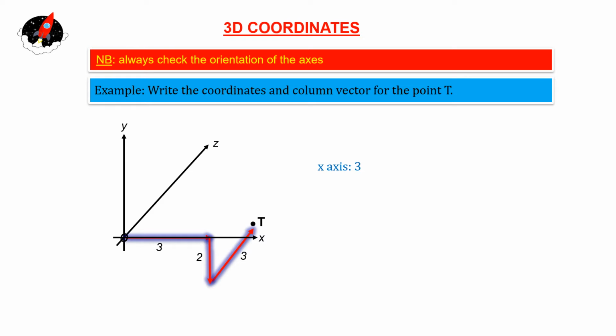So this time we're going -2 in the Y direction. And then in the Z direction, we are going +3. So in this case, it will give us a coordinate T of (3, -2, 3), and a corresponding column vector of 3, -2, 3.